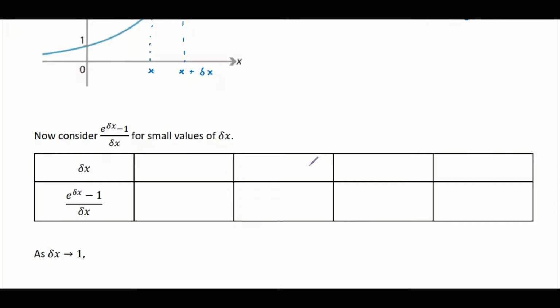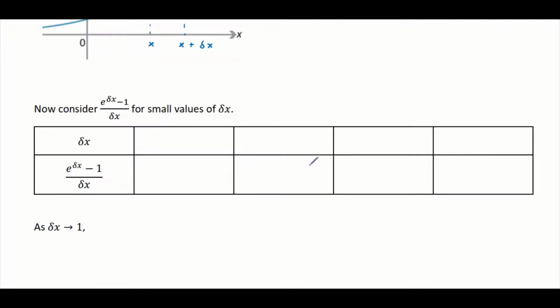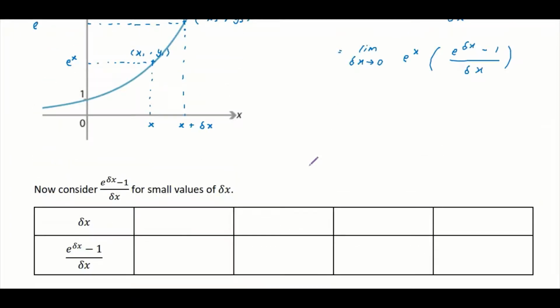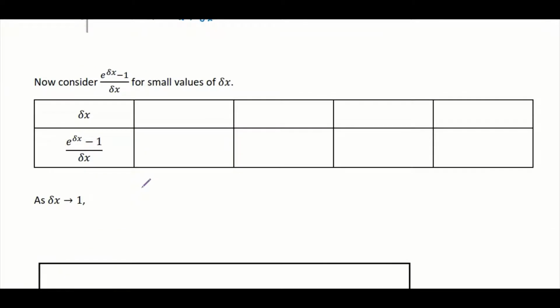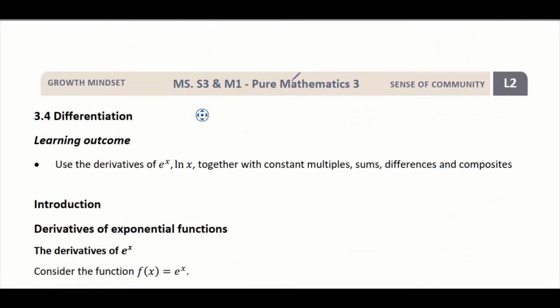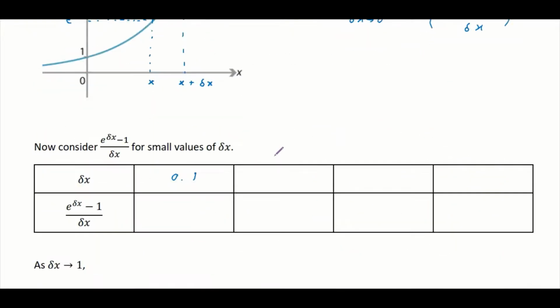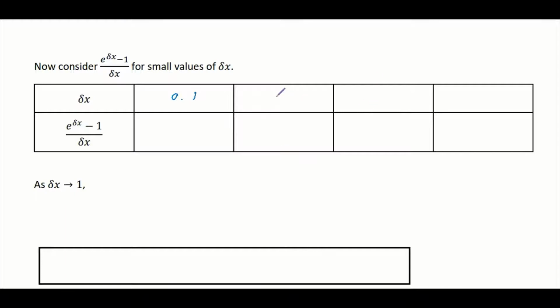So let us try to find out some of the small values. I already wrote down the exact form here. Let us substitute some numbers that are very small and near to 0. Let's try 0.1, then 0.01, 0.001, then 0.0001.